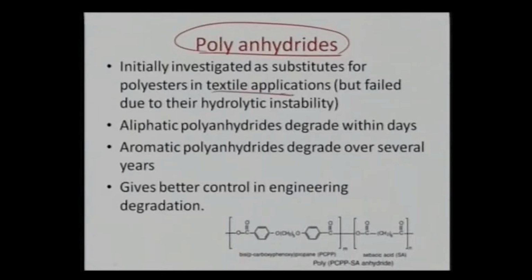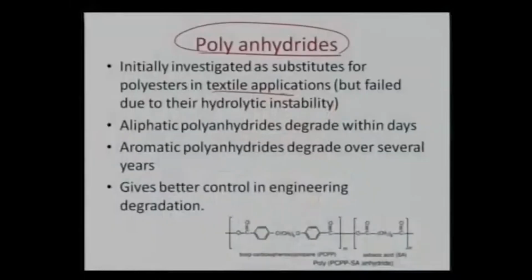That is what the initial exploration of these polyanhydrides had started, that they were being a substitute for the polyesters, so that they can make a new textile material out of these polyanhydrides. But eventually with time they failed because they have low hydrolytic stability. So they become highly unstable in presence of hydrolytic conditions. So they basically had failed as a textile material or as a replacement for the polyester.